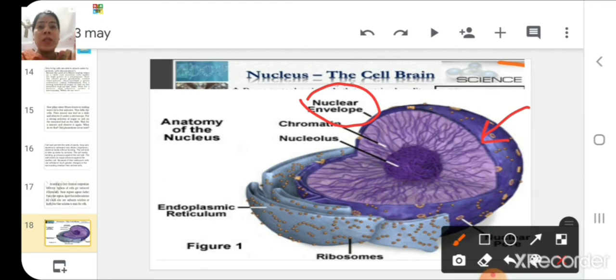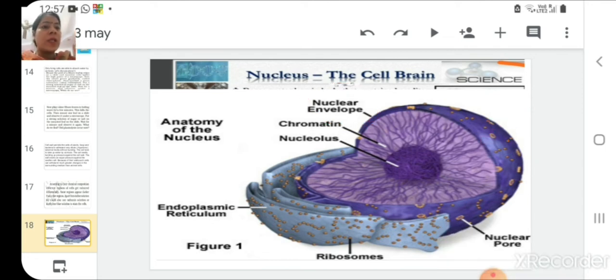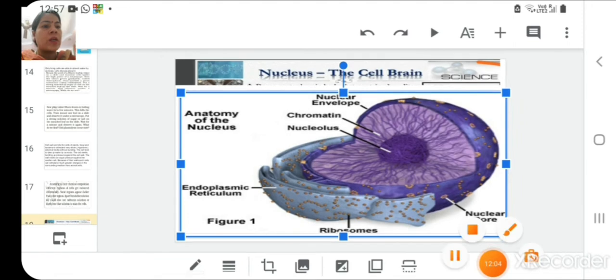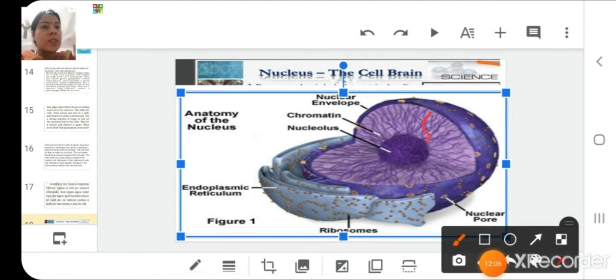And this nuclear envelope is made up of two membranes, outer nuclear membrane and inner nuclear membrane. And inside this nucleus, you can see thread-like structures are present. These structures are known as chromatin fibers.